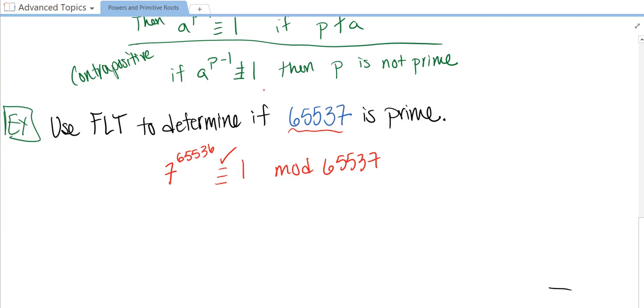Or maybe this is just a place to start the discussion: we didn't get congruence to 1, so we don't think it's prime, and we want to confirm with another method. This is just meant to be an overview, or a stepping stone, as far as primality testing.